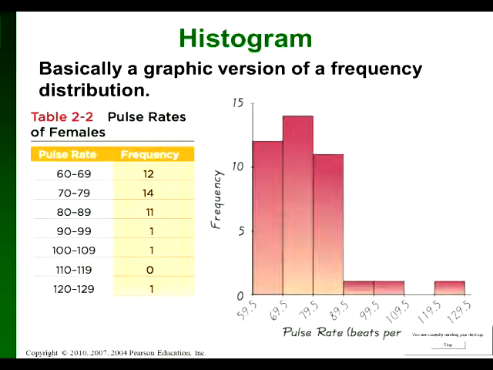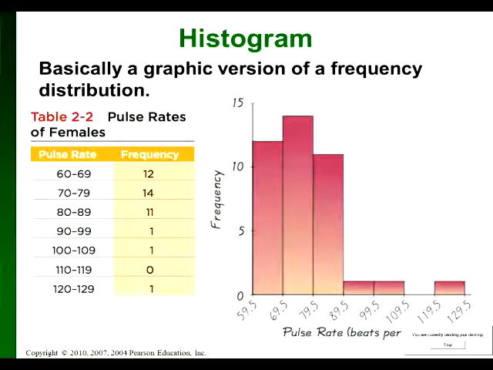If we knew that 12 people fell in this class, how could we find what percent of the total that is? Divide by the number of people. Let's see. I don't know if we were told how many people that was. 40. That's 40 people. So 12 divided by 40 would give us the percent in this class. 14 divided by 40 would give us the percent in this class.